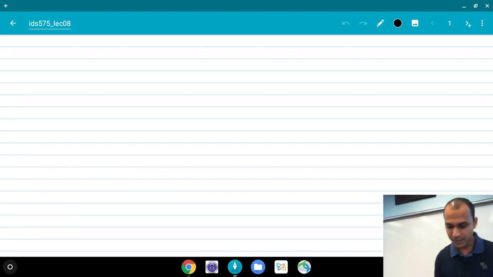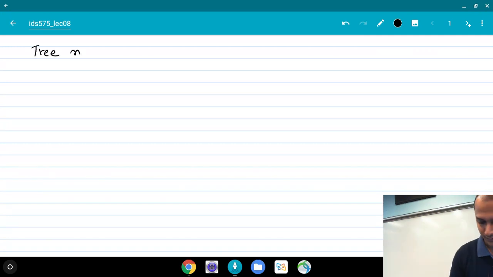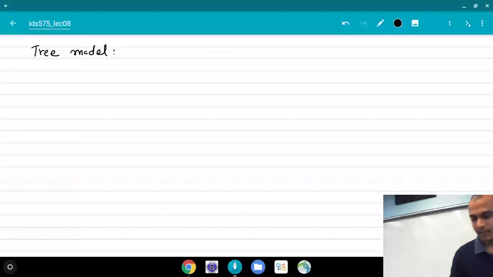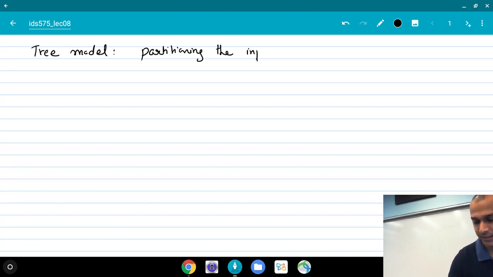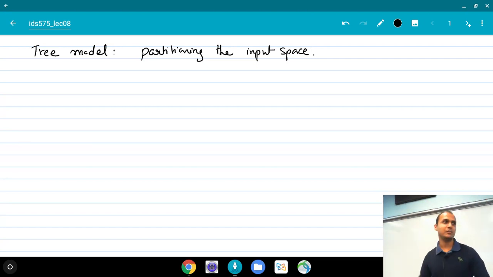So, what's a tree model? A tree model is essentially just think of it as somehow partitioning the input space. By input space, I just mean, if you have 10 dimensions, there are going to be 10 features, right?